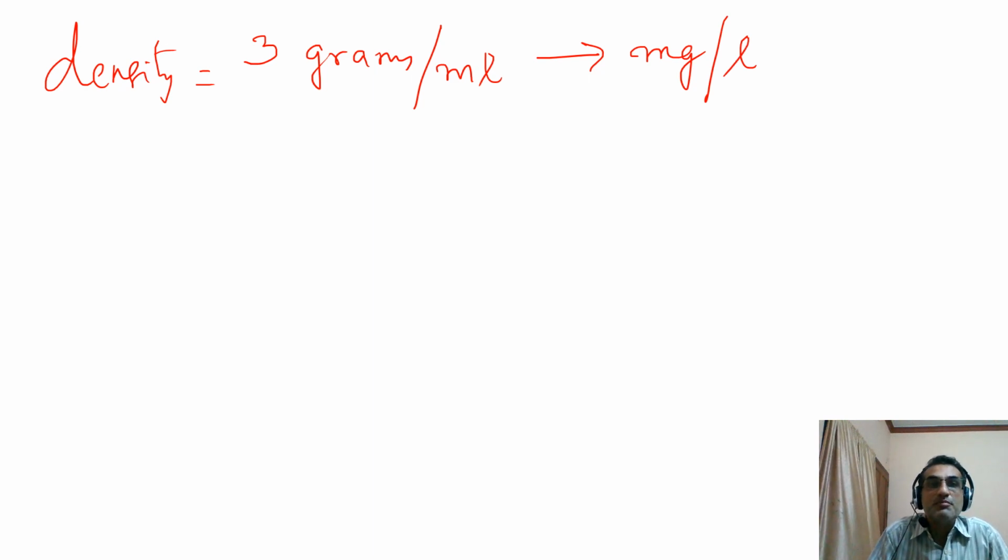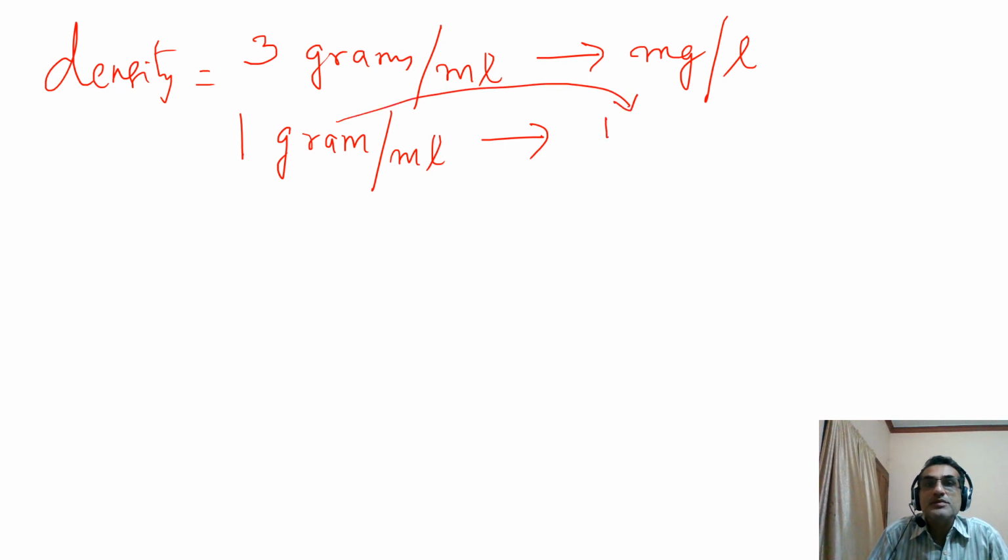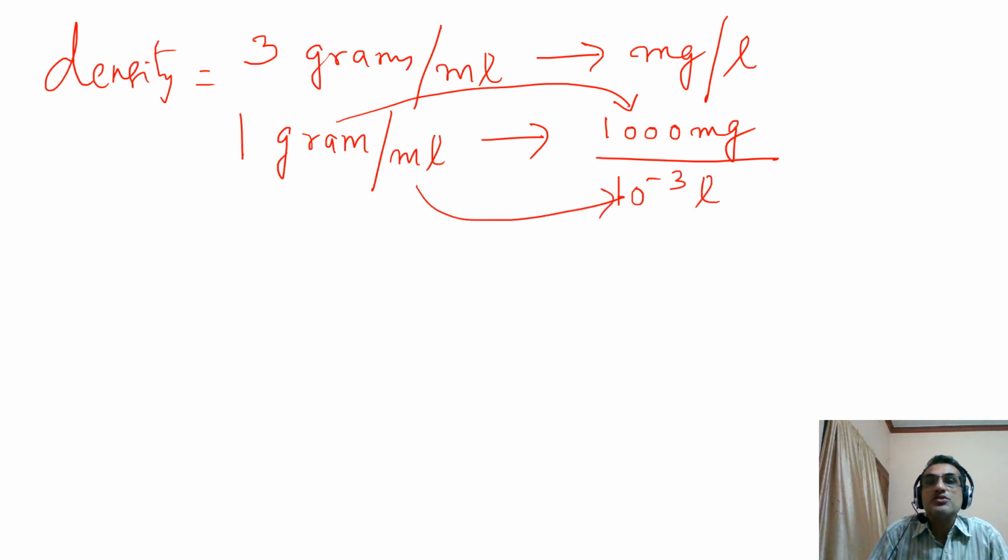First, we have to take the bigger unit. Of course, it is 1 gram per ml, and we need to convert it into the desired unit, where grams has to be converted to milligrams. So it will become 1000 milligrams per ml. We know it is 10 raised to minus 3 liters. How has the ml become 10 raised to minus 3 liters?